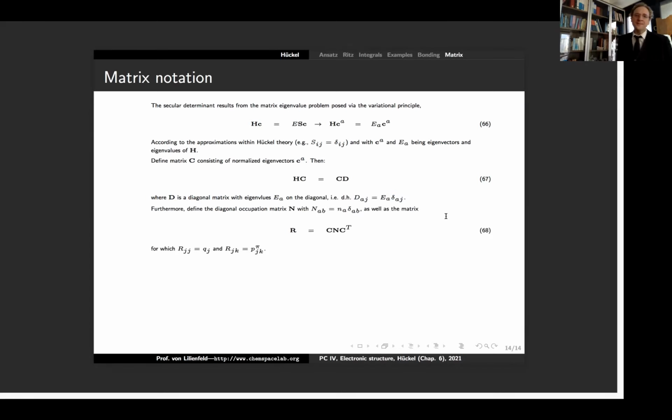Now, if you define an occupation number, right? So in the sense that you would like to recover your total energy, right? Then you would need to account for the occupation. Then you can simply do this where the occupation number is on the diagonal, and on the off diagonal, you switch this off, right? So you can define this matrix, and then you can sandwich it into your eigenvector matrices, right?